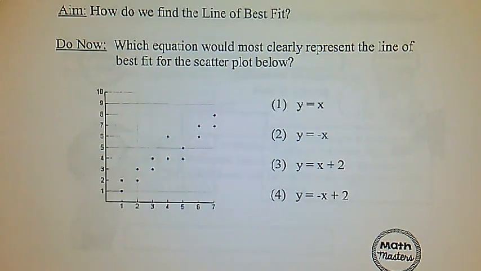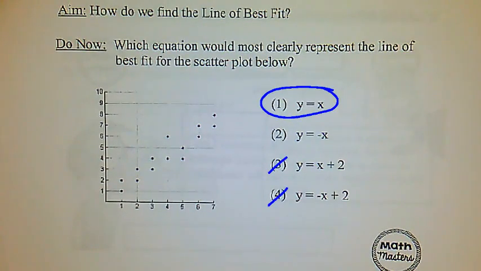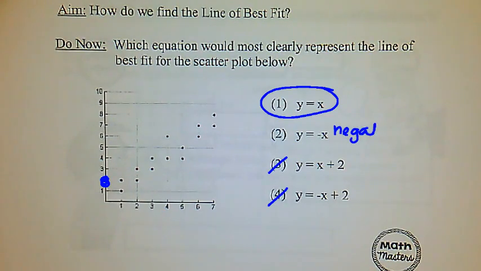So that to me looks like it's going to be the correct answer. If you wanted to try them all out, so these two wouldn't be right because they have to go through here, and that is not the general direction of the line. And then this one is a negative slope, so this would be negative. Okay, and this is clearly positive.